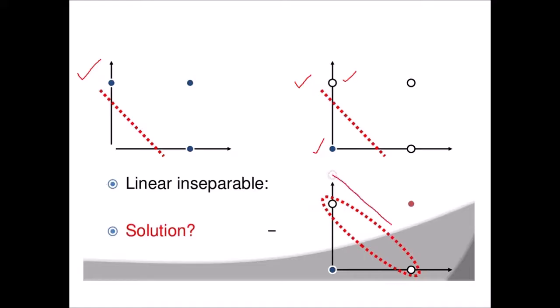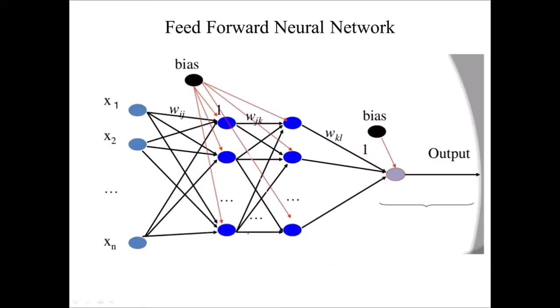Here we have to draw these two lines, or we can use this type of elliptical curve to separate these classes. So it is not a linear separation of these classes. So in this type of example where we cannot separate classes linearly, we have to use a multi-layer neural network.